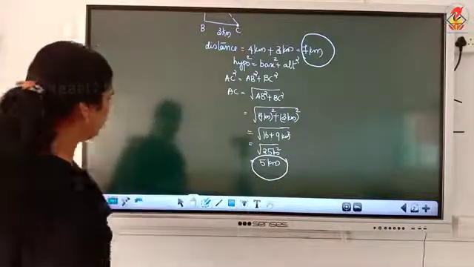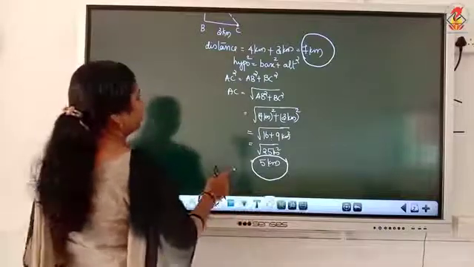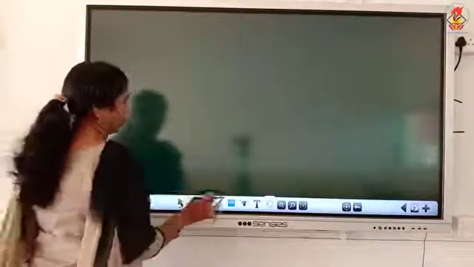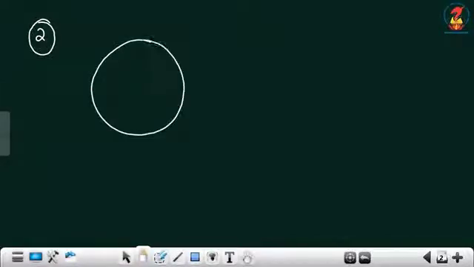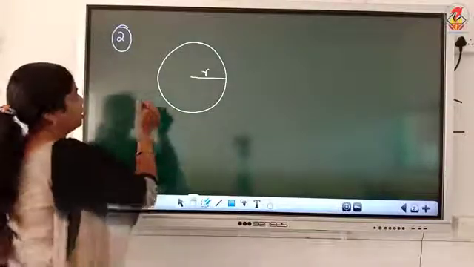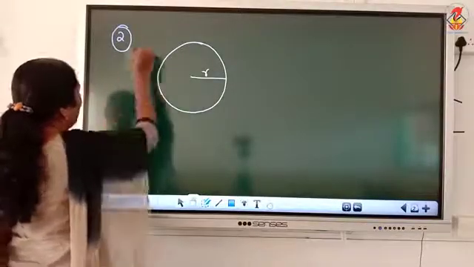Now, the second one. An object is moving in a circular path of radius r. Calculate the distance and displacement when it completes one revolution.